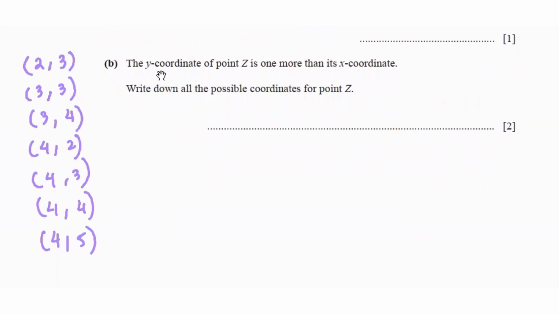And they're saying the y-coordinate is 1 more than the x-coordinate. So we have this, this, and this: (2, 3), (3, 4), and (4, 5). These are the three possible coordinates for point Z.